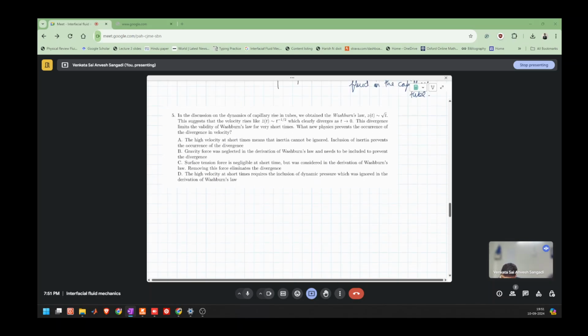So the next question is: in the discussion on dynamics of capillary rise in tubes, we obtained Washburn's law.